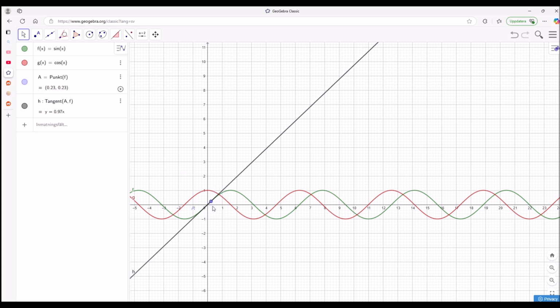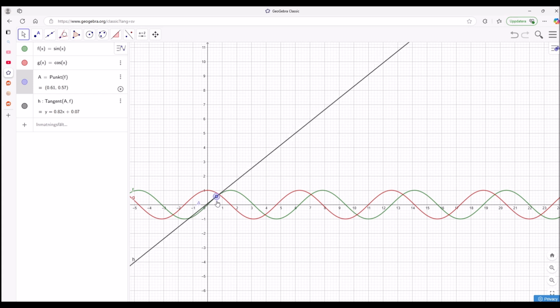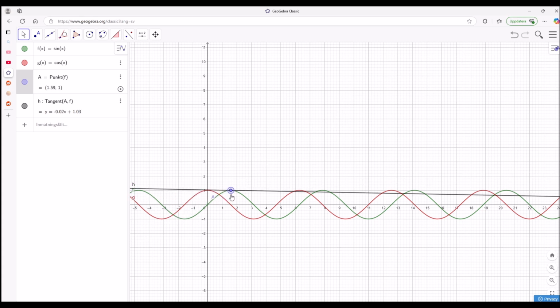And then, as it continues going upward, but less steeply than before, cosine of x is still positive, but it takes on smaller values than it did at its maximum. And right here, when the tangent line becomes flat, that happens exactly when cosine of x crosses the x-axis. That is to say, when cosine of x is equal to 0.